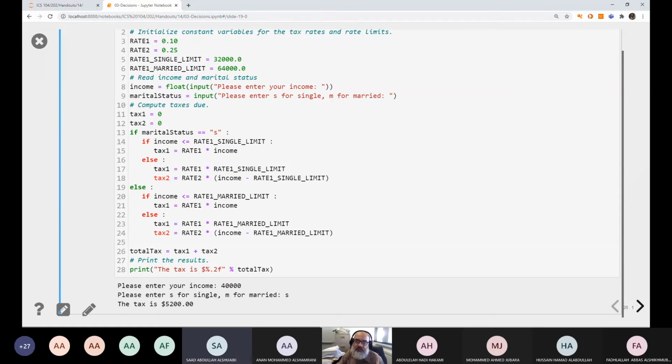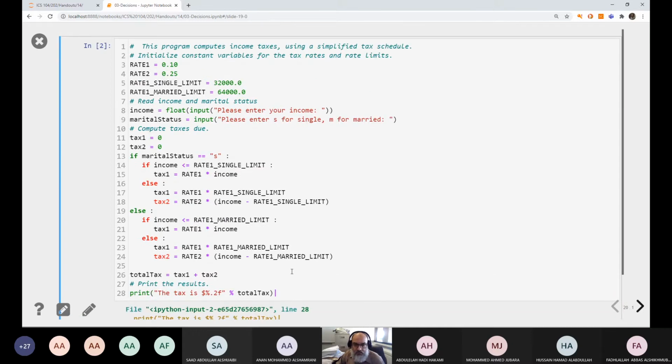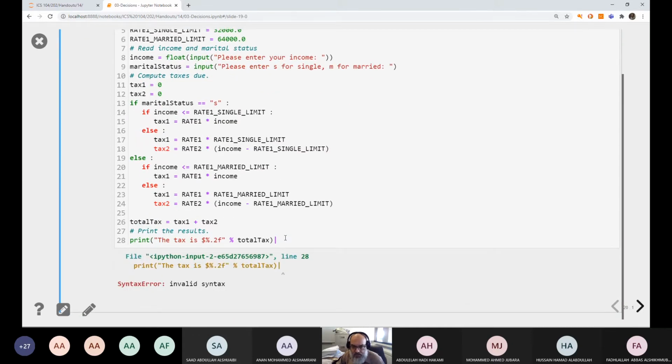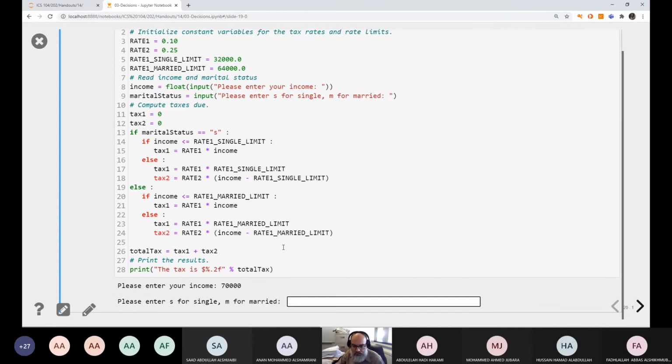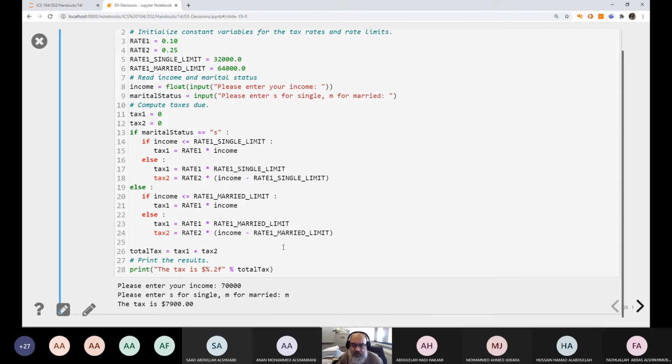Okay, it will print 5,200. And if I run this again, oops, what happened? I added something by mistake. So if I put 70,000, and let's say we're talking about a married couple, then it will be 7,900.